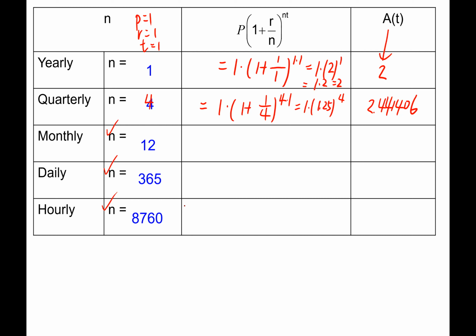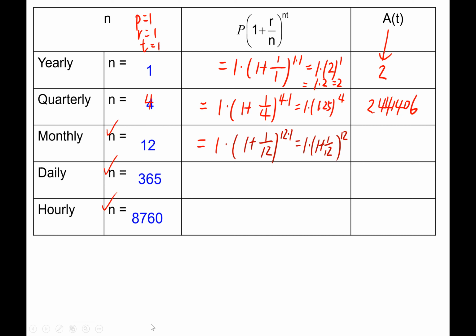All right, so let's look at the monthly, daily, and hourly compounding. We still follow the same formula, 1 times 1 plus 1 over 12, and then it will be 12 times 1. So it will be 1 times 1 plus 1 over 12 to the 12th power.